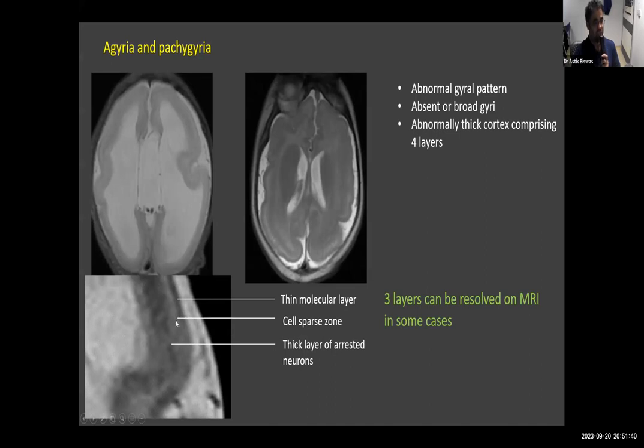So essentially, it represents the layer where neurons have not migrated to yet. And then this is a much thicker layer that represents the arrested migrating neurons. The cell sparse zone is an important marker to identify what the gradient is, and we'll see examples of that.